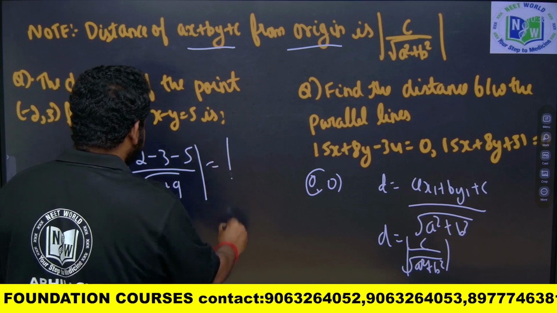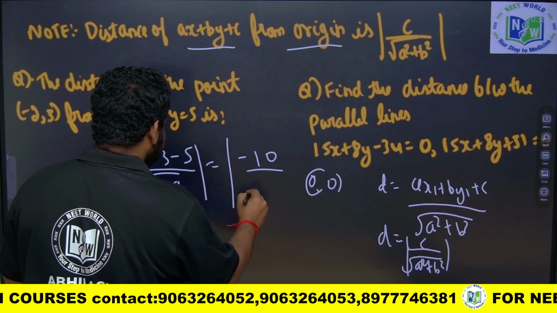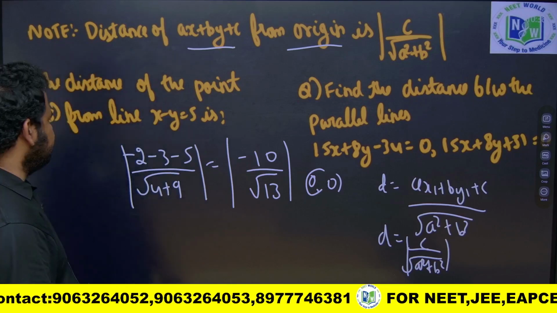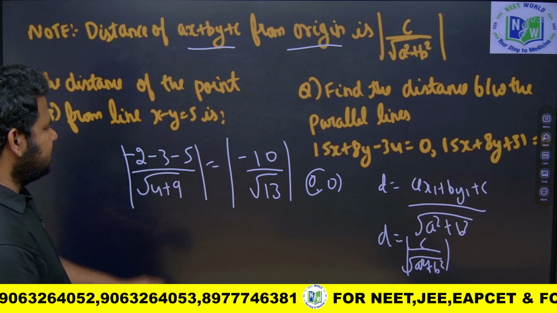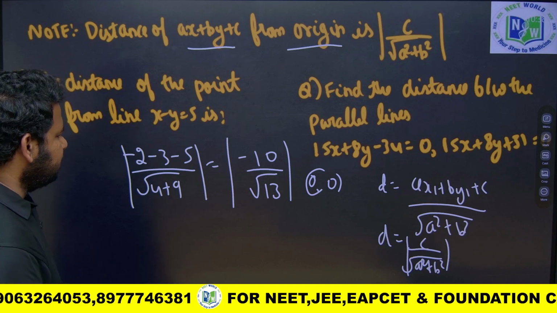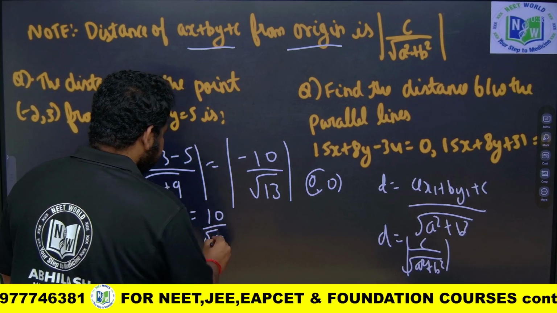This will become minus 10 by the square root of 13. This is the answer. You can remove the modulus sign, and the answer is minus 10 by the square root of 13, or you can also write it as 10 by the square root of 13.